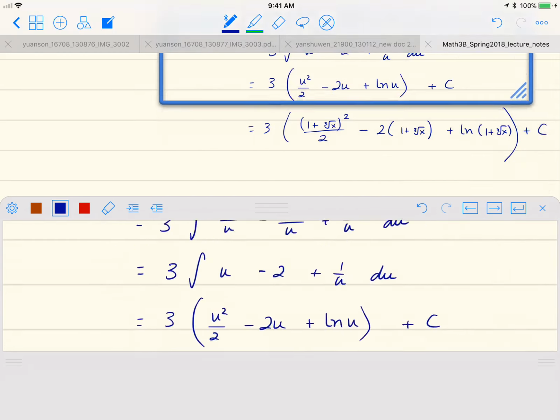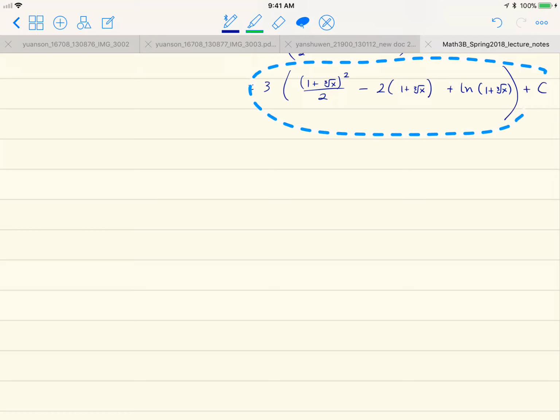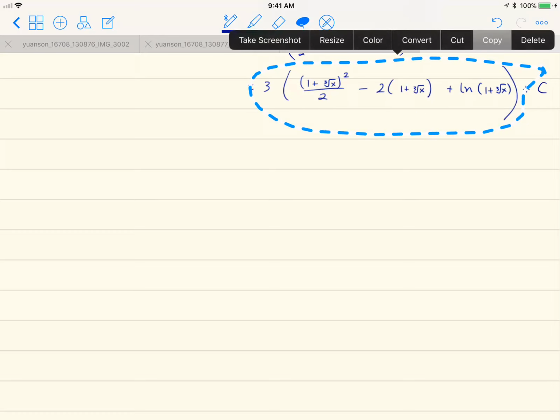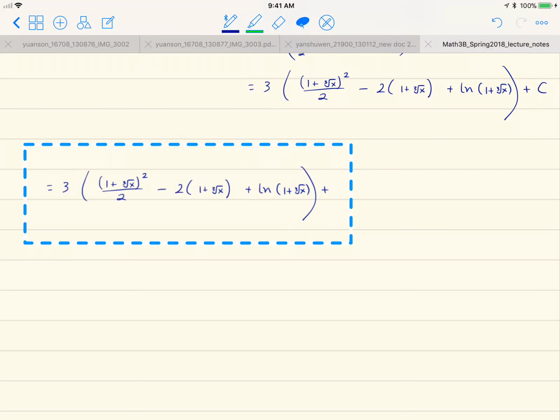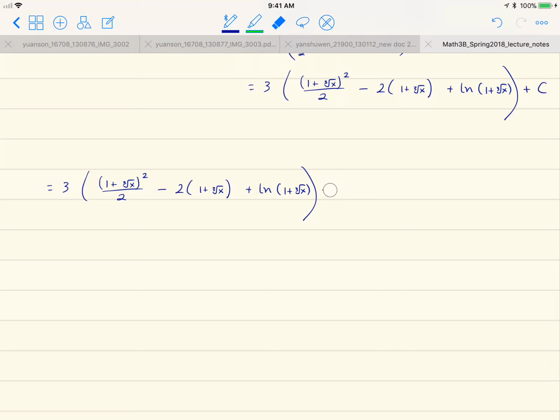So this is a perfect time for cut and paste. Copy, paste. Okay. Because I'm evaluating it at the endpoints using the fundamental theorem of calculus, I actually don't need the plus c because it would just cancel out. So I'm going to evaluate this at x equals 0 and at x equals 1.